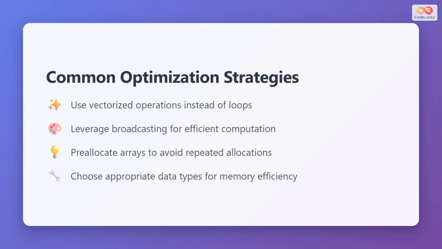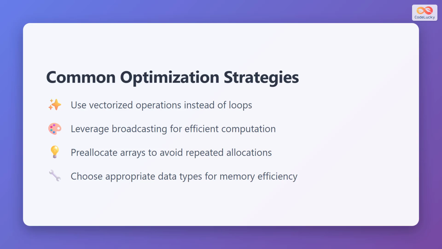Once you've profiled your code and identified bottlenecks, here are common optimization strategies to apply. First, always use vectorized operations instead of loops. NumPy's vectorized operations are implemented in C and are much faster than Python loops. Second, leverage broadcasting for efficient computation. Broadcasting allows NumPy to perform operations on arrays of different shapes without creating unnecessary copies.